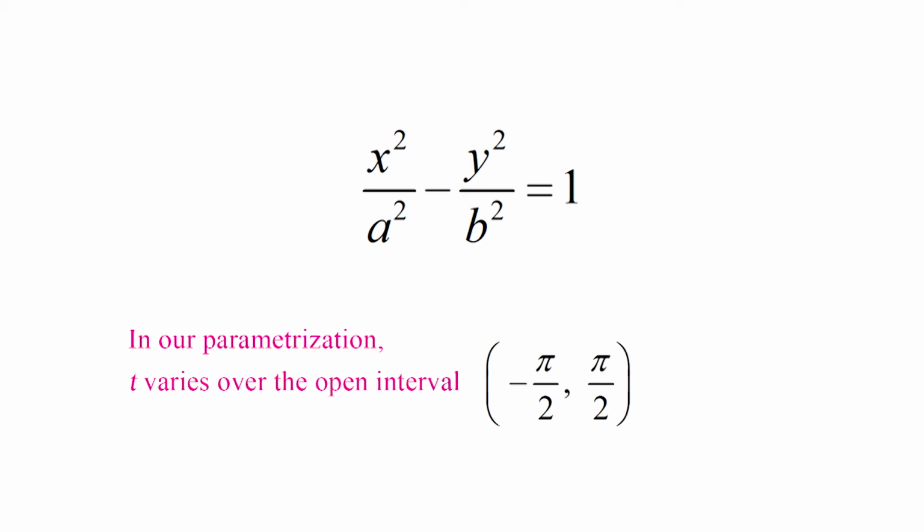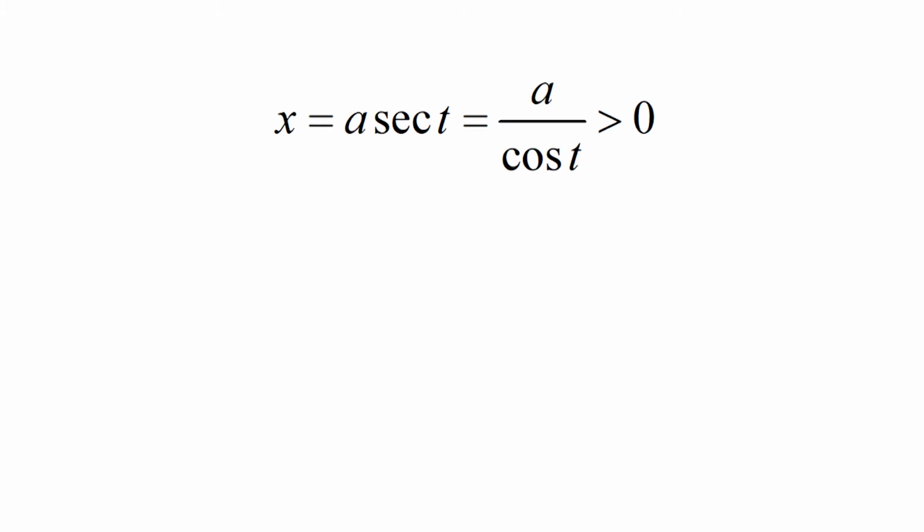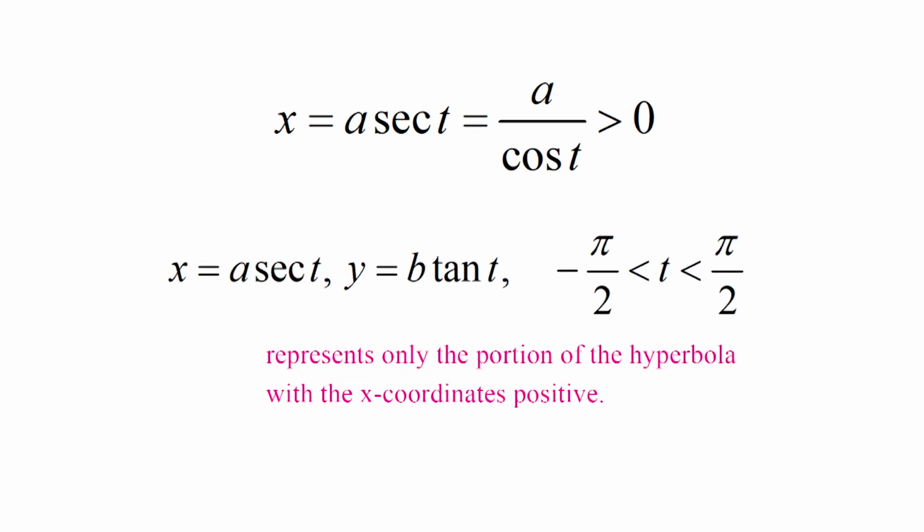When t belongs to open interval negative pi by 2 to pi by 2, the value of x is equal to a sec t, which is equal to a by cos t, which is greater than 0, and hence it follows that the parameterization x is equal to a sec t and y is equal to b tan t, where minus pi by 2 less than t less than pi by 2 represents only the portion of the hyperbola with the x coordinates positive. That is, the given parameterization represents the right hand branch of the hyperbola.